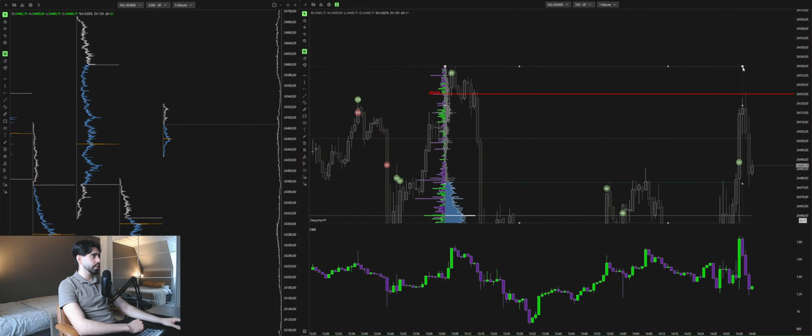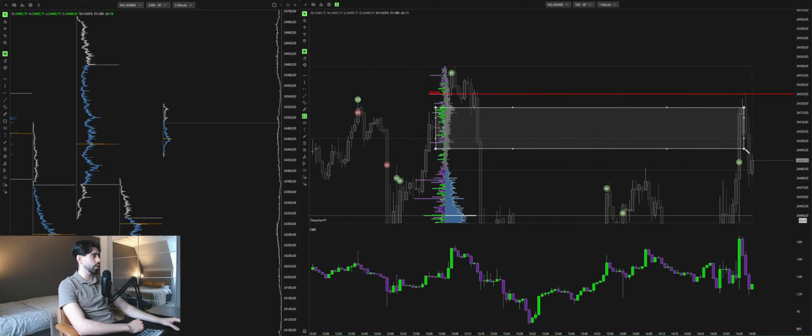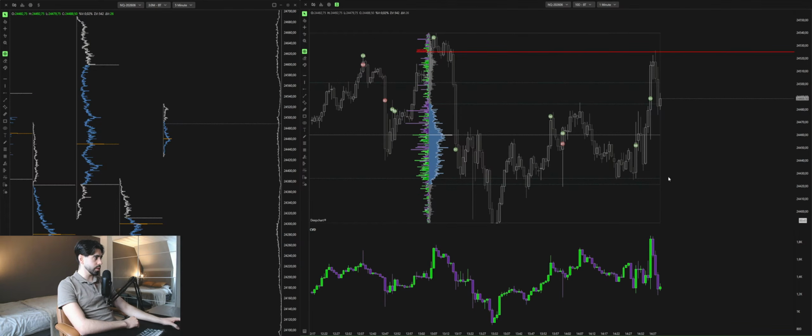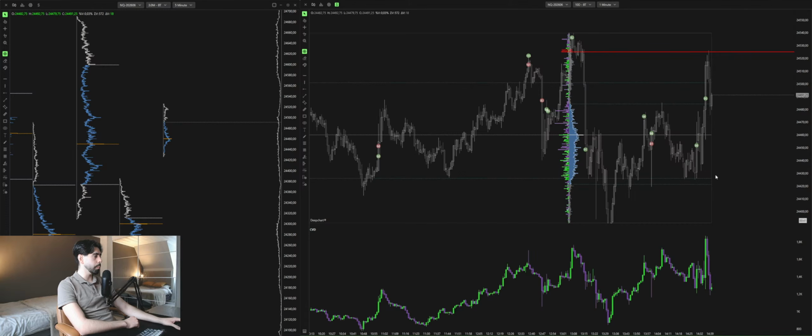Look at the left side of the volume profile. Boom, boom, boom, boom, boom. Look at all of this, bro, getting destroyed. What do we think? We're gonna revisit poke and value area low.